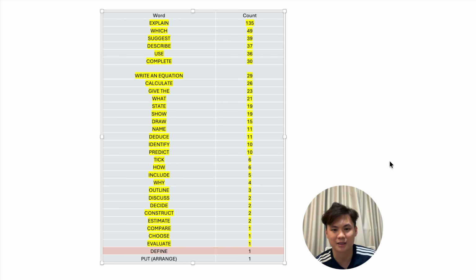Define, so it's just definition based, right? So there's nothing too much to cover. The only definition so far I can think of is like define what is relative atomic mass, things like that. So you have to use the very scientific definition that you see in your study material. Mass of one atom compared to 1/12 of a carbon-12 atom, right? And that's really very scientific.